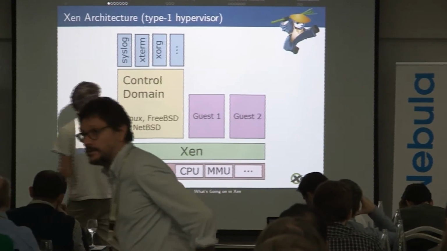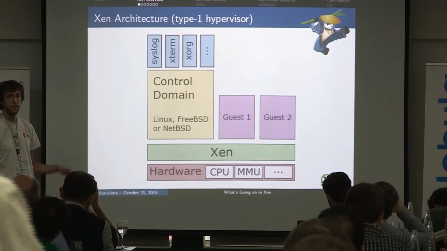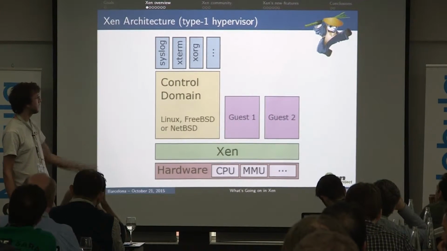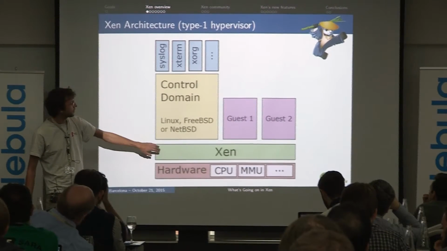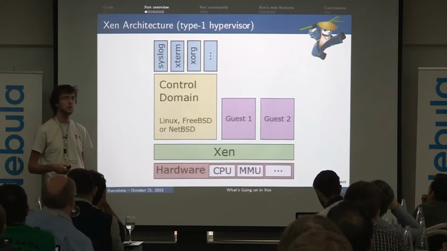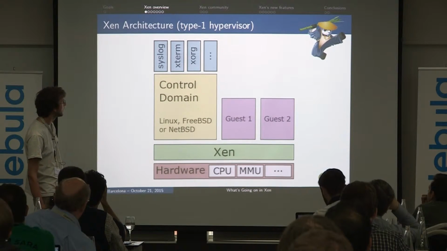And then on top of the Xen kernel, we have what we call the control domain. This is the first guest that's created by Xen when it boots, but it's a guest. It's a guest with some special privileges because it's able to create other guests, it's able to interact with the Xen hypervisor itself, it controls the hypervisor, but it's also just another guest.